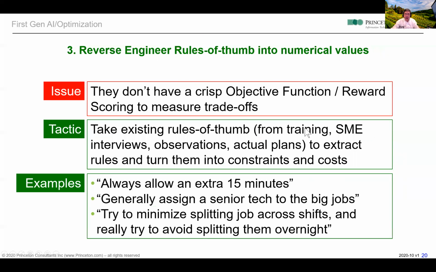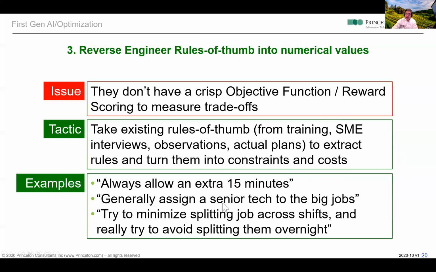Third, people are not really oriented toward mathematical formulations generally, but they are oriented toward rules of thumb. So you basically extract rules of thumb from the training materials, from interviewing the subject matter experts, from watching how they work, by looking at the actual plans. You extract these rules of thumb, such as we always allow an extra 15 minutes.